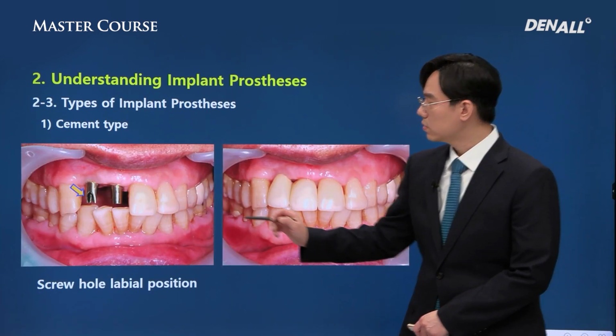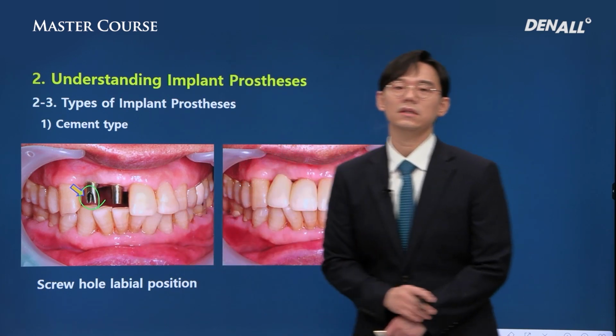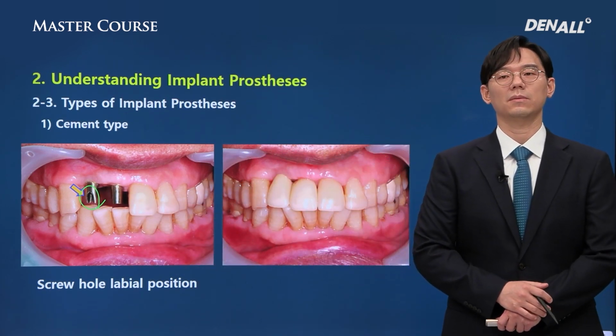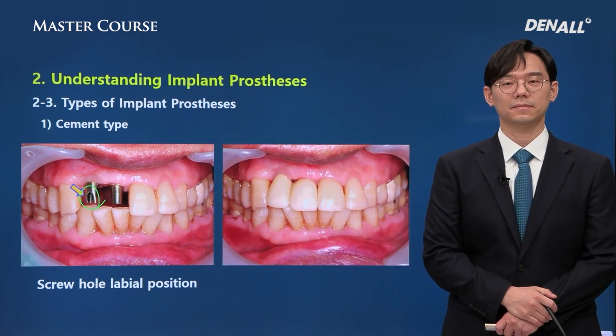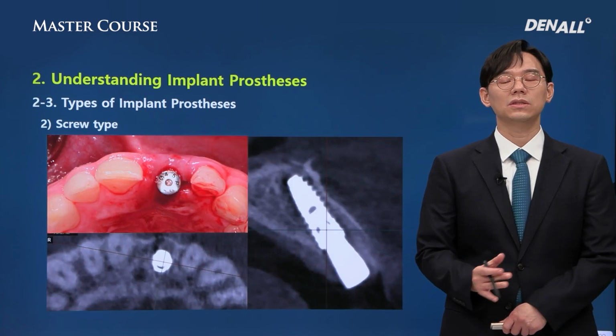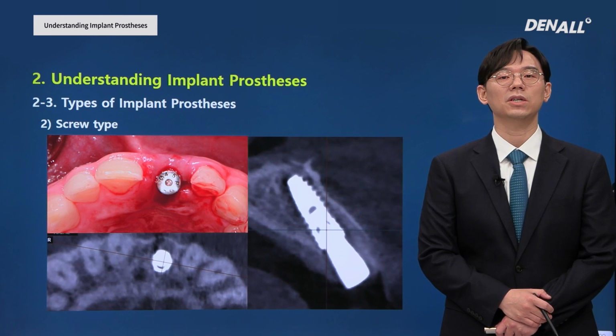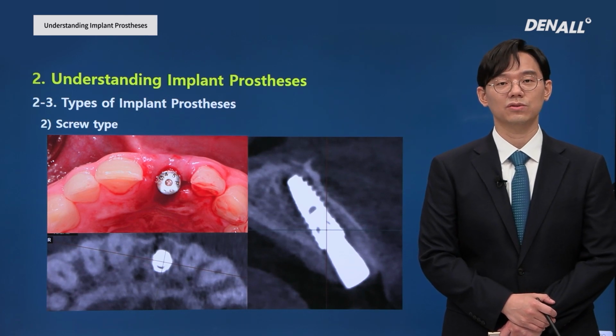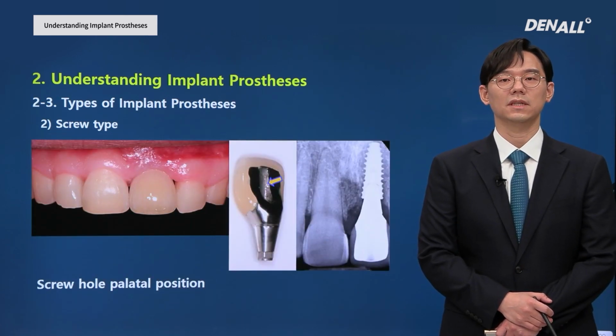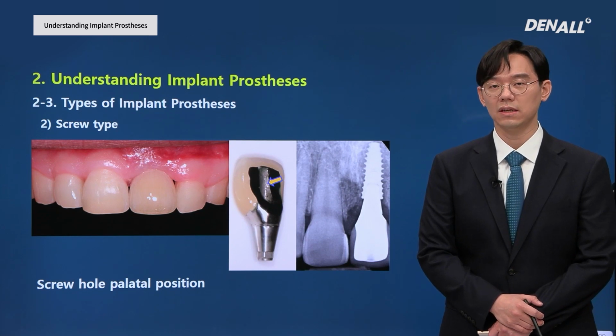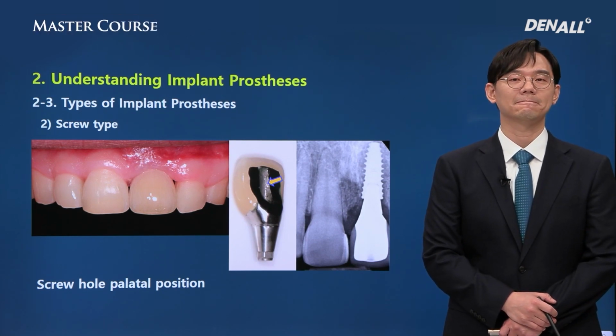The screw hole is towards the labial side, therefore, cemented type prosthesis was chosen so that the screw hole can be covered in upper anterior area. If the screw hole is towards the palatal and is unseen, then you can provide a screw type prosthesis. Screw hole is not visible here, therefore screw type prosthesis was delivered.